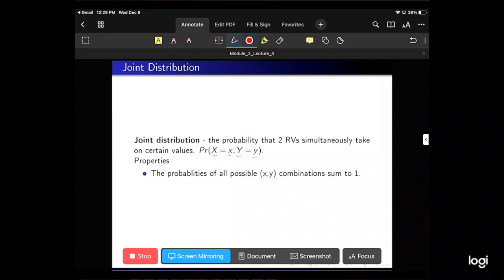Properties: the probabilities of all possible xy combinations sum to 1. This might be the probability that you rode your bike to school and you ran over some glass, and that might be the probability of y. And the probability of x might be you got a flat tire. So these are two random variables.